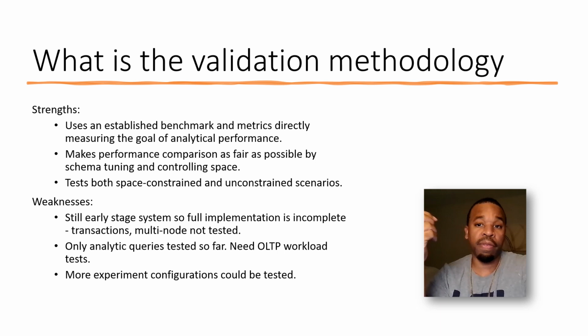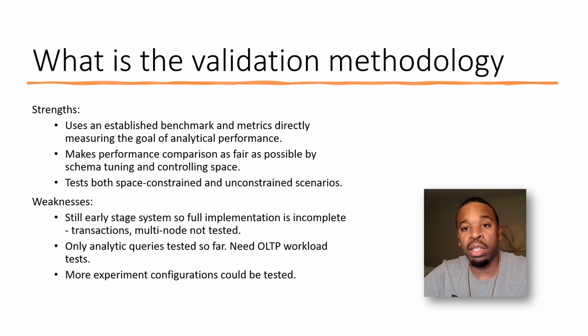It gives a clear metric for assessing the performance impact of the architecture versus other systems. Another strength is tuning each system's schema and controlling storage space used, which ensures the comparison between C-Store and the other databases is fair. Another strength was testing both a space constrained scenario and an unconstrained scenario.